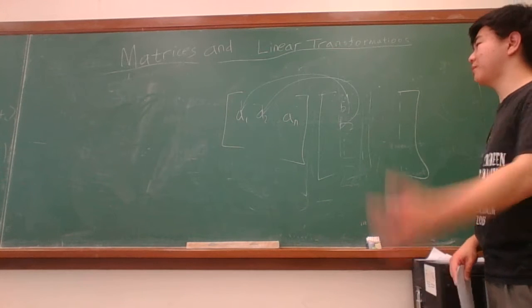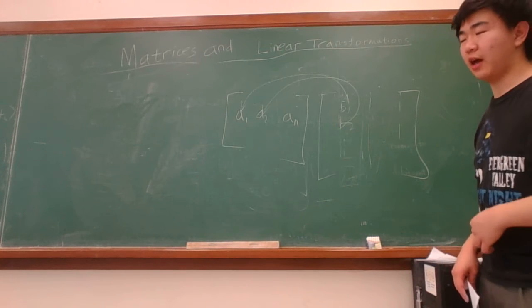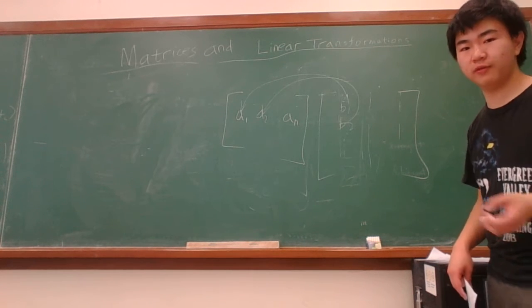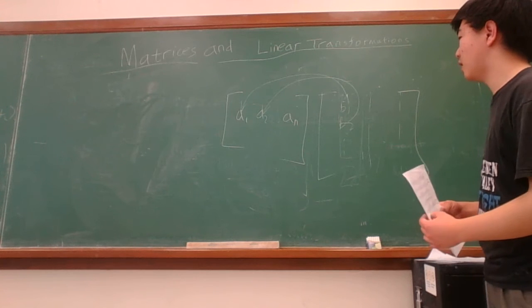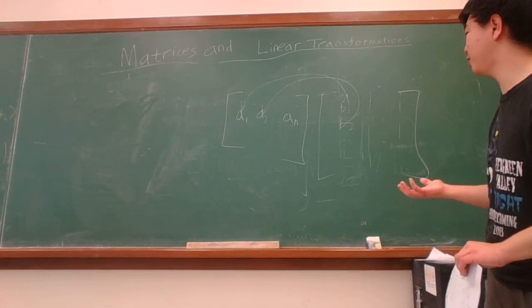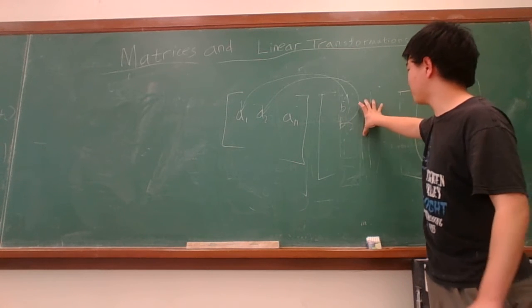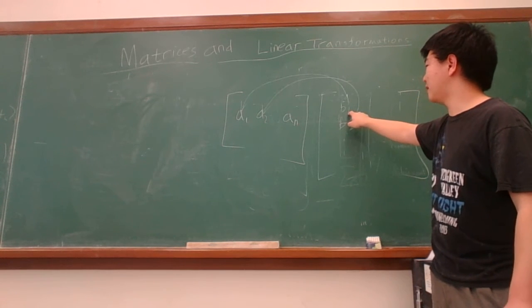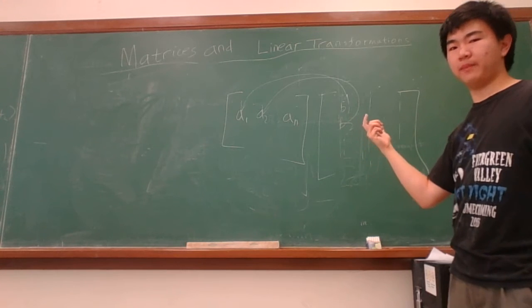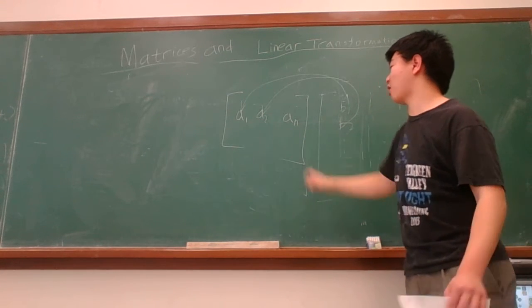Well, let me tell you something that's equivalent, right? And you can see some rigorous mathematical proof. I will not go over this, but intuitively you can see that the first value of the first column comes from the first values of each of these columns times this.